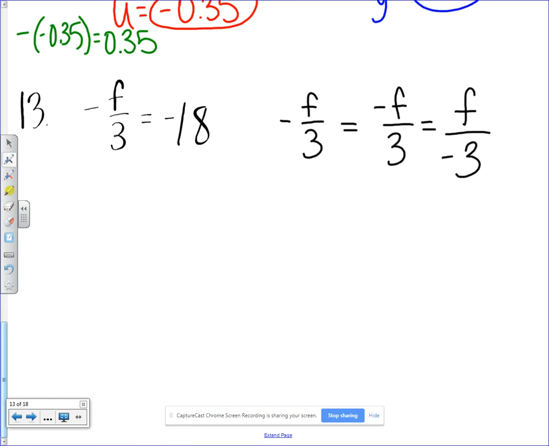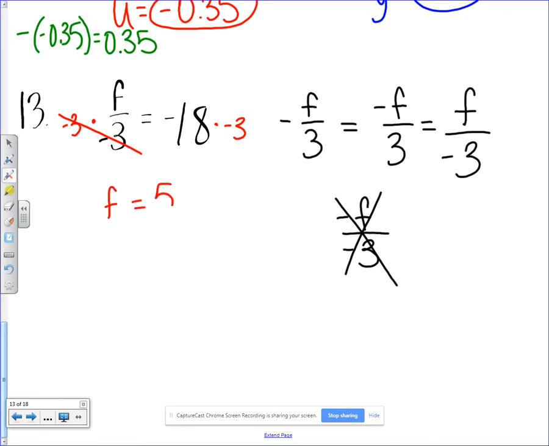You just cannot put the negative both places at the same time. So for our purposes, let's pretend that this negative symbol is in the denominator. So now it's being divided by -3. Well, the inverse of that is to multiply by -3, which means those will cancel, and I have f equals, and that will give me 54 for my final answer.